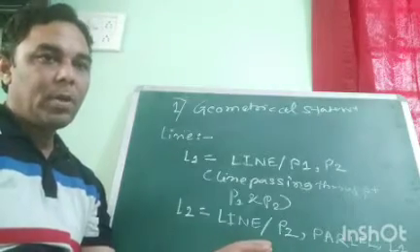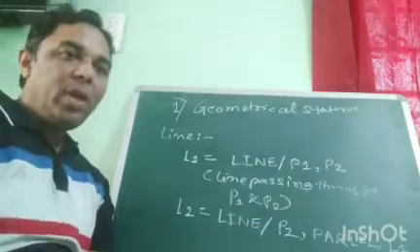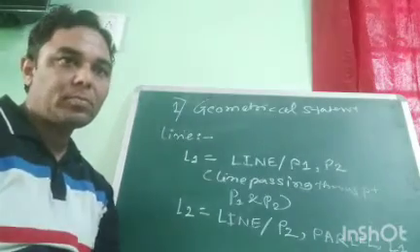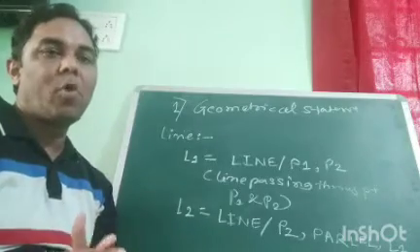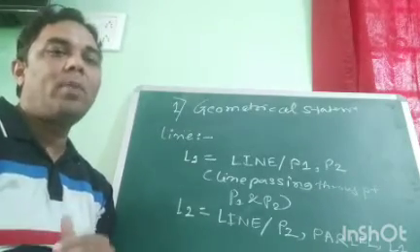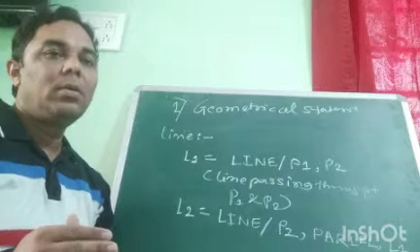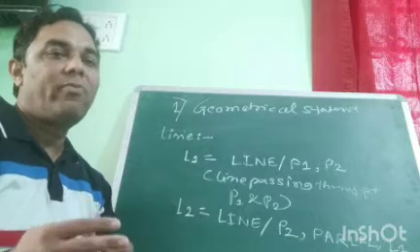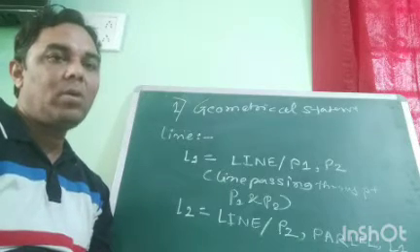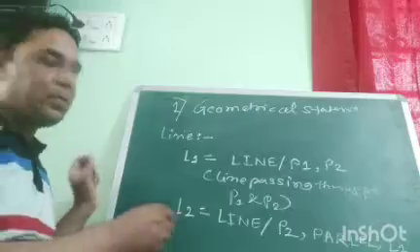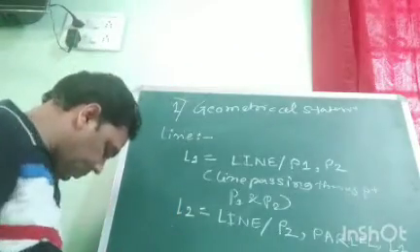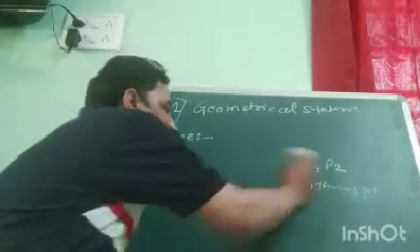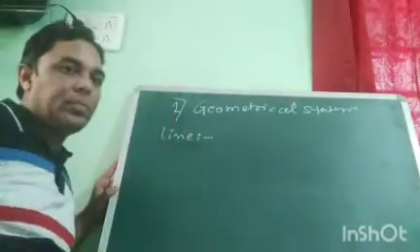Now let's see the next example where the L3 line is tangent with the L2 line and passes through a point P1 and forms an angle, and the line forms an angle of 90 degrees. So we need to write down, for example, L3, so it needs to be erased first.